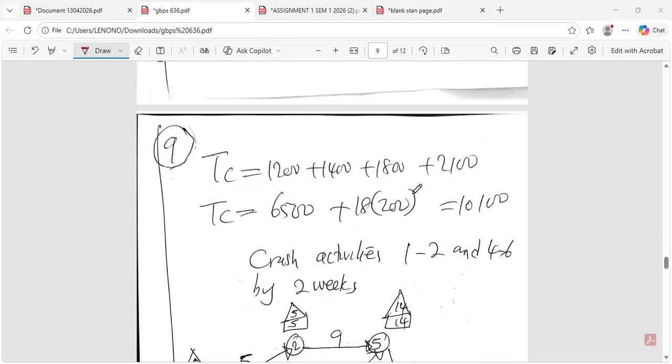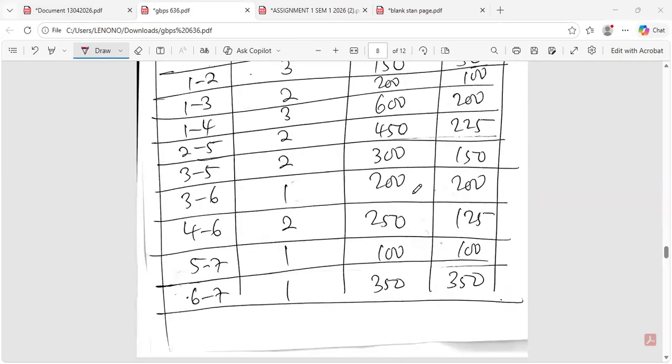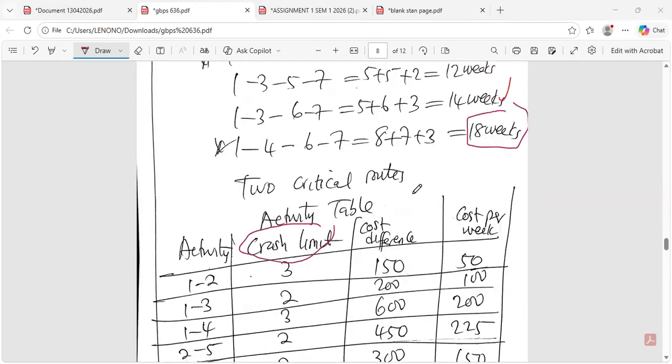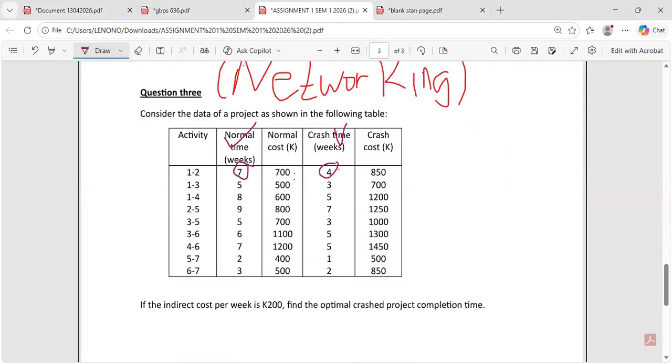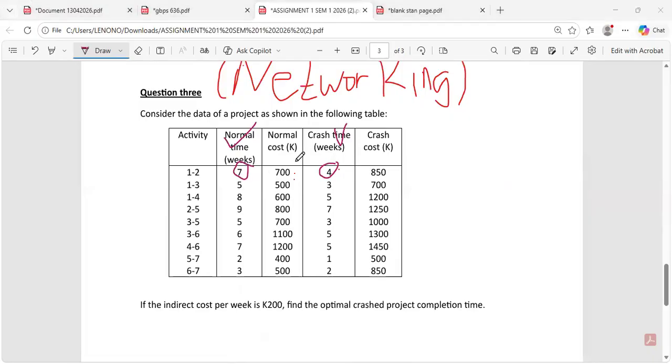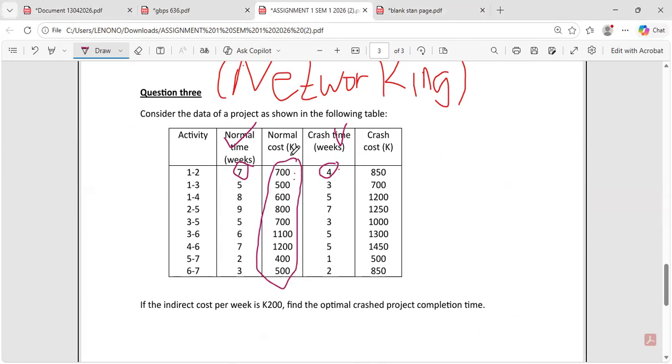So the total cost of this project, you just simply first and foremost add the normal cost of the entire project. So the normal cost of the entire project is this one, before you consider the indirect cost of 200.